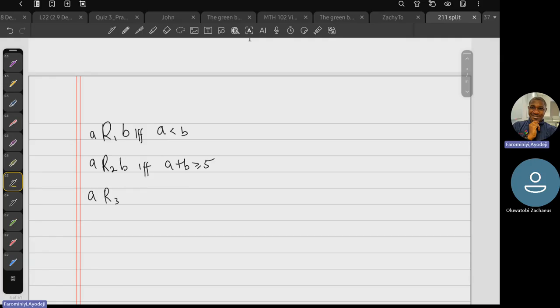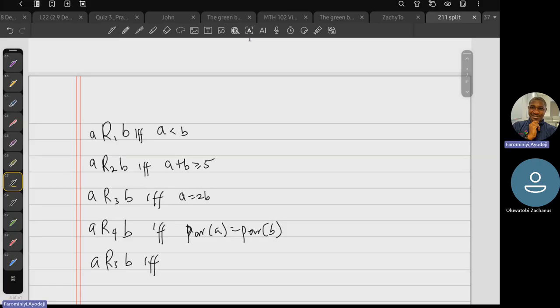A R3 B if and only if A equals 2B. A R4 B if and only if the parity of A is equal to the parity of B. Then I introduce R5 if and only if A is less than or equal to B.